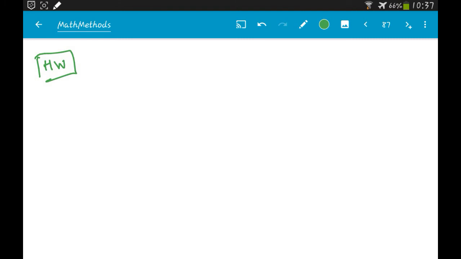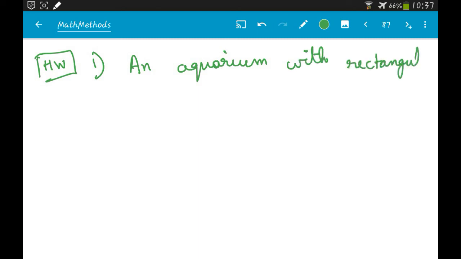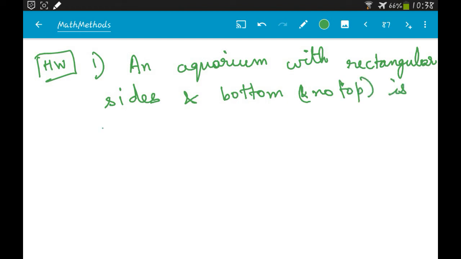So the homework problem is problem 1. An aquarium with rectangular sides and bottom and no top is to hold 5 liters of water.